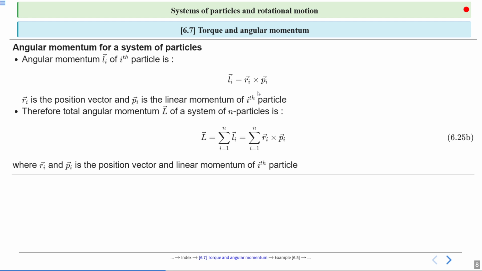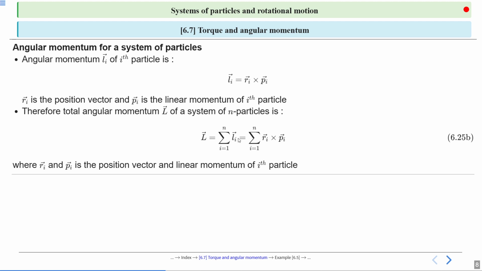So just substitute the value of Li in the summation, and it will be summation i equal to 1 to n of Ri cross Pi, where Ri is the position vector of the ith particle and Pi is the linear momentum of the ith particle.